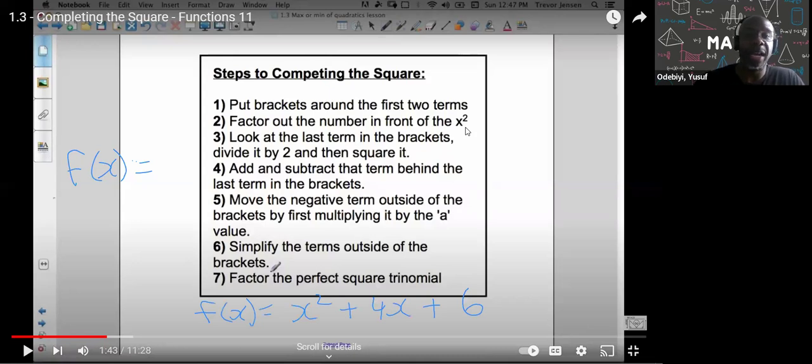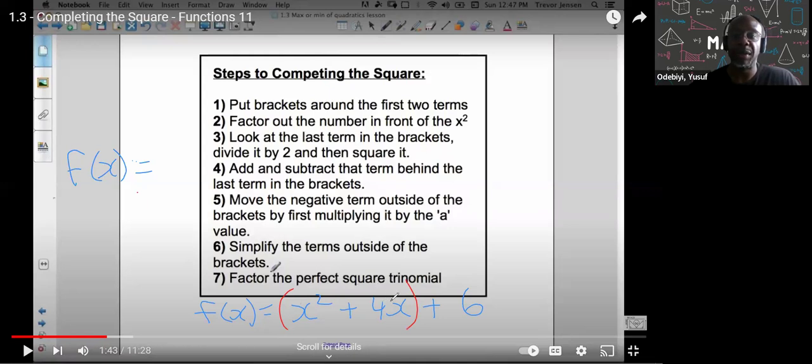Okay, so when you have something like that, the first thing you're going to do, it says put brackets around the first two terms. So these are the first two terms, okay? And then look to see if I can factor something out of the x squared, which I can't in this case. Look at the last term in the brackets, divide it by 2, and then square it.